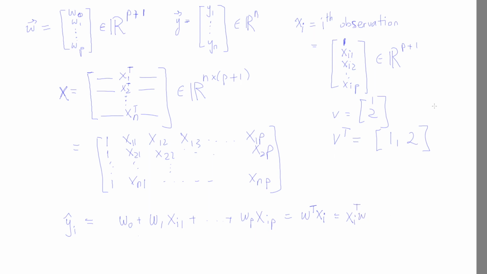Just recall, if we have another vector Z, let's make this 3, 4, what is V transpose Z? You just multiply the first number by the first number, so 1 times 3, plus the second number times the second number, 2 times 4.